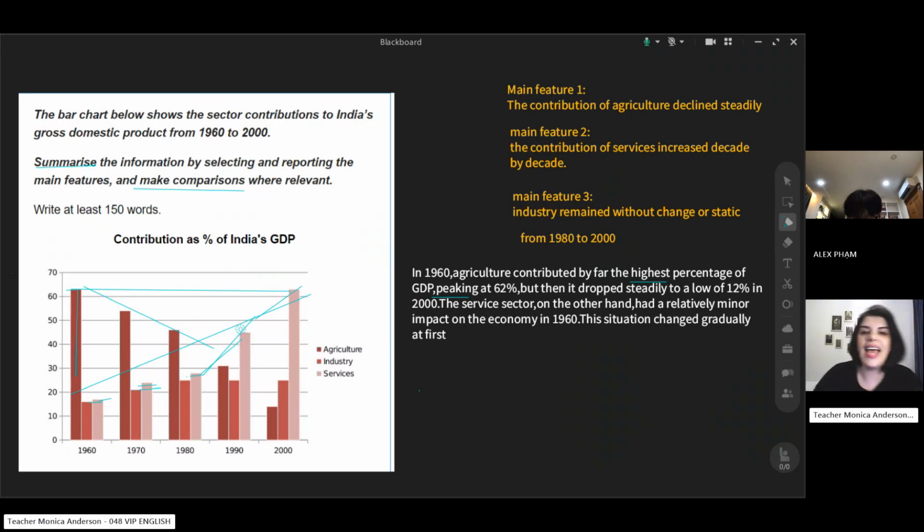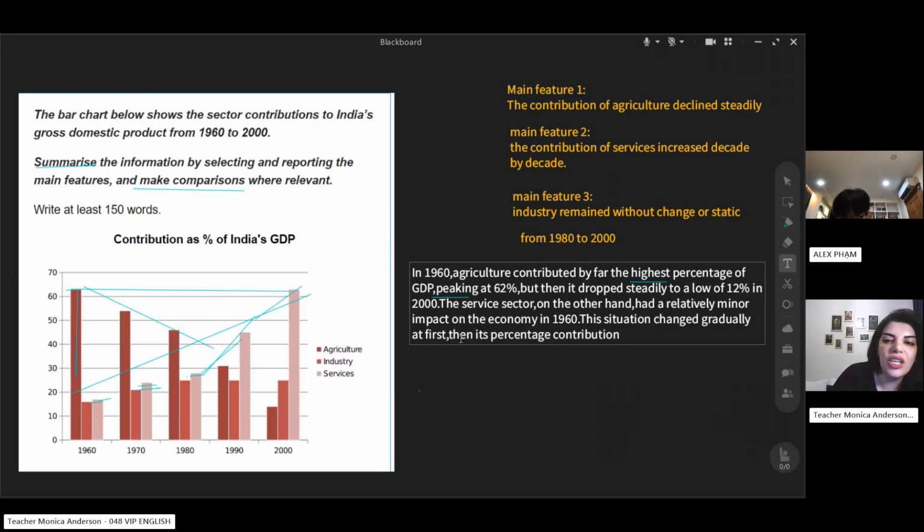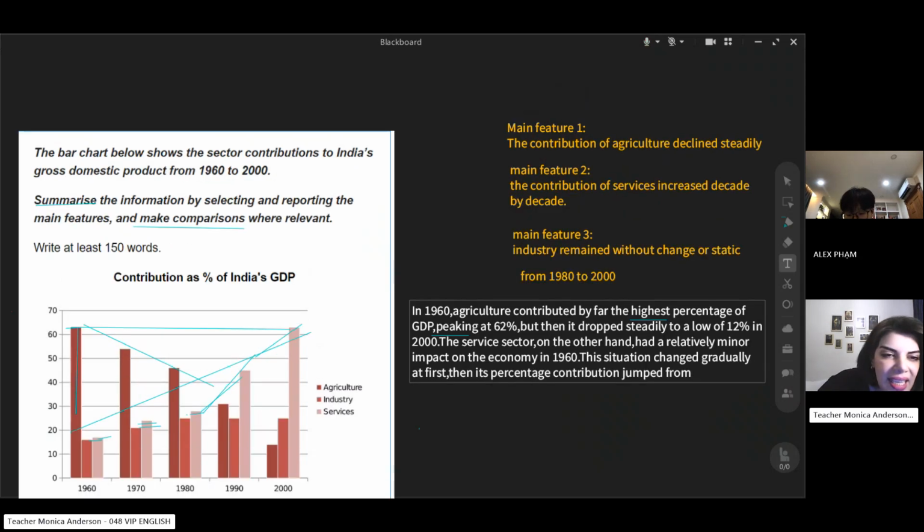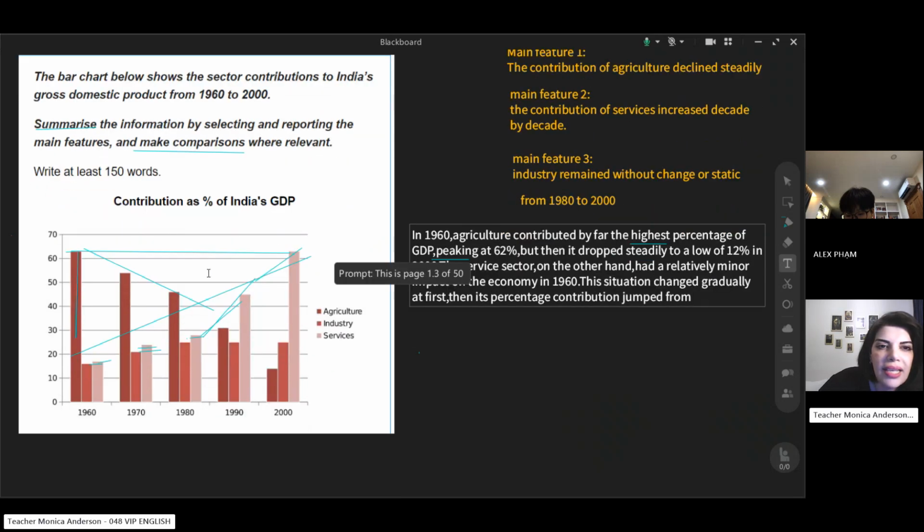So we can say that at first gradually, but then its percentage contribution jumped from, okay, let's see, 1980, this one, it's about, I can say, 28%, 27, 28, right?